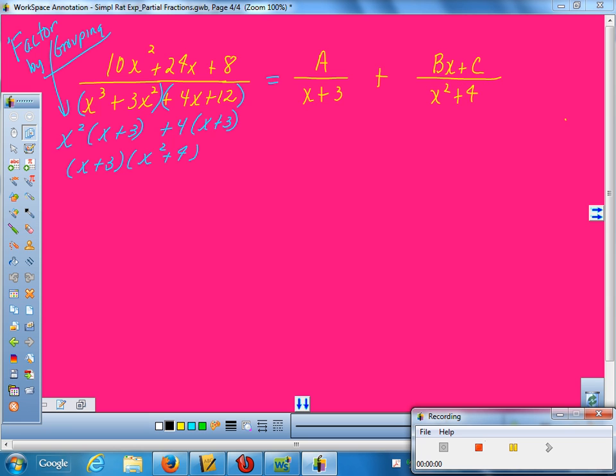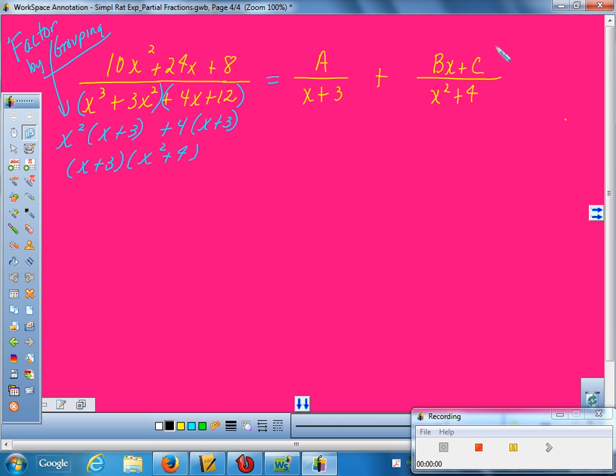Okay, so I'm now actually ready to solve for a, b, and c, and every time I want to do that, I need to multiply by the common denominator. The common denominator you multiply is always the denominator of the original fraction. Do not use anything else.